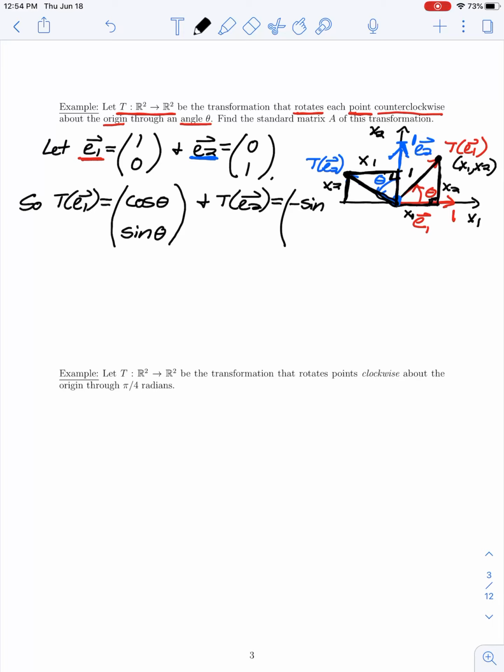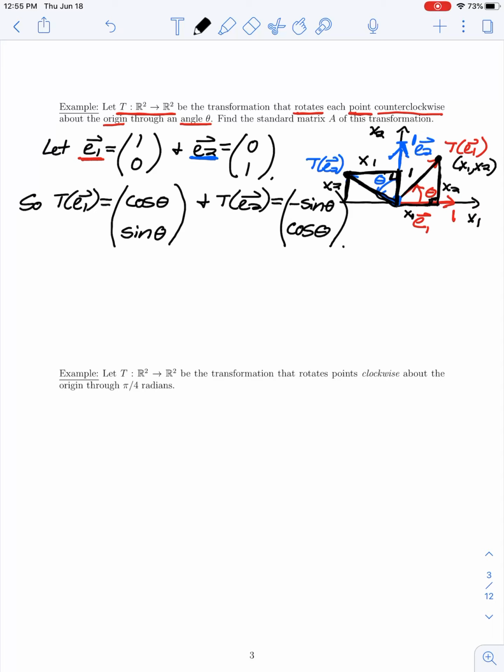So I've got negative sine of theta. And my x2 value, the vertical distance traveled, would be the leg adjacent to that angle theta, which would be cosine of theta, positive since we're in quadrant 2. We've got a negative value for x1, a positive value for x2.